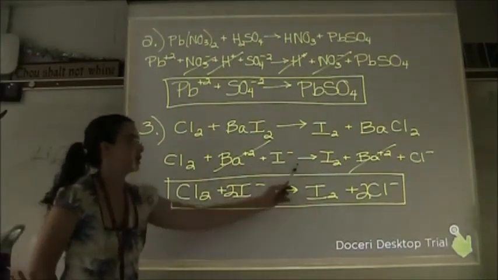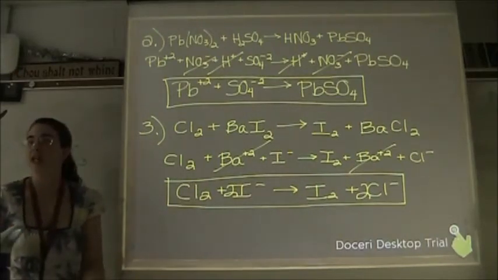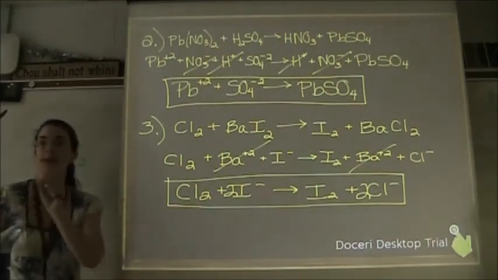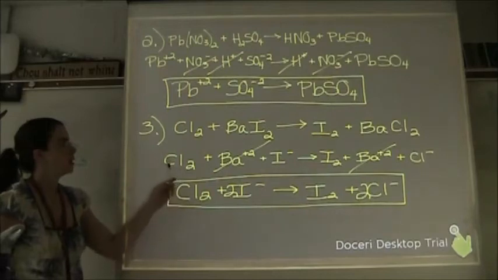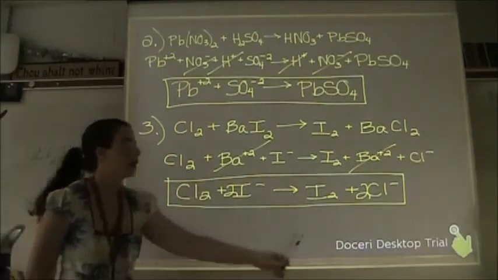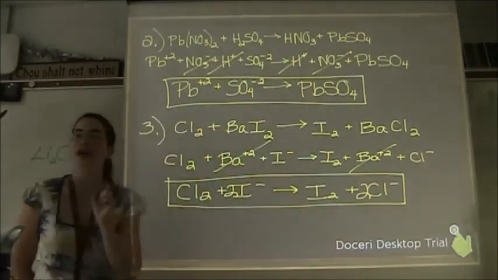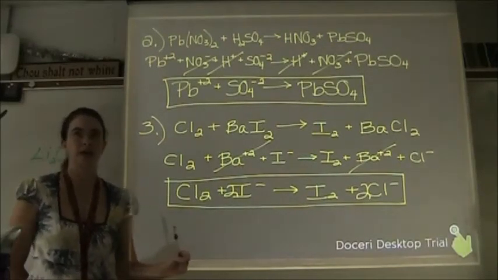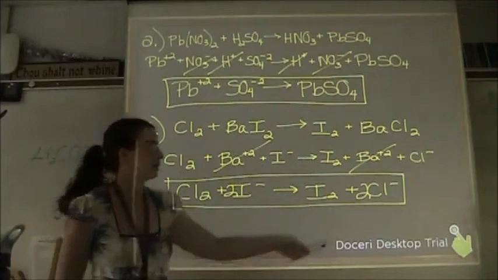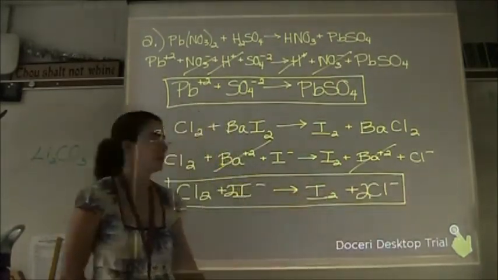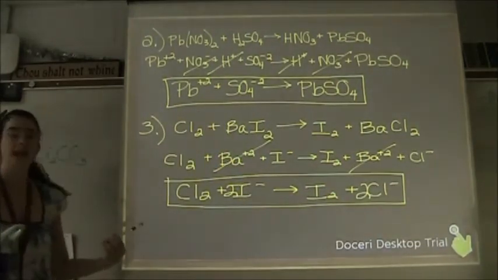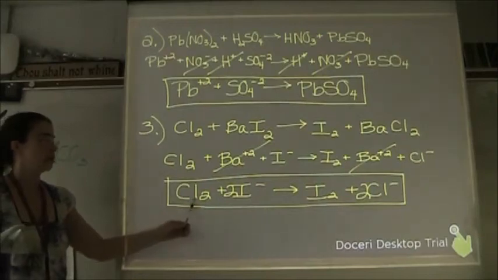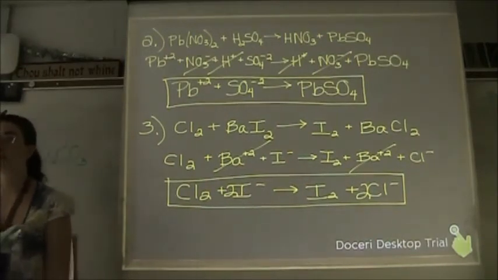In this particular line, the only thing I could cancel out was barium because Cl2 and Cl minus are not the same thing. They're not identical. This is a gas. This is an ion. So all I can do is cancel out the barium. This is what I'm left with, and then I balance it.